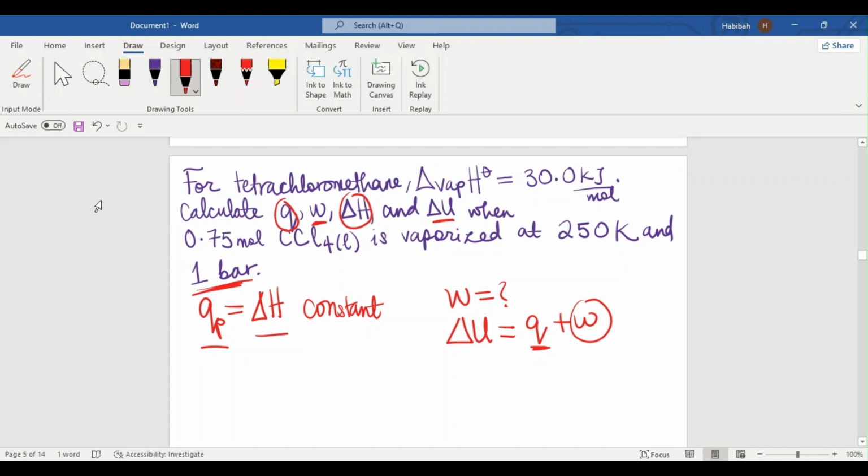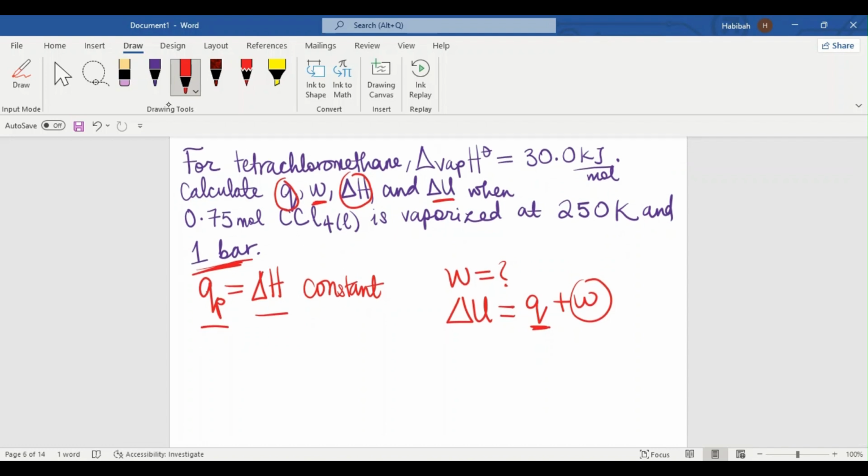Now, the only values we're given aside from temperature and pressure are the number of moles as well as the change in enthalpy for vaporization. So the first thing you have to do is remember that the units for heat as well as work are joules.